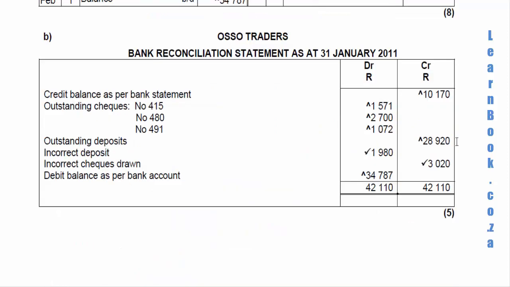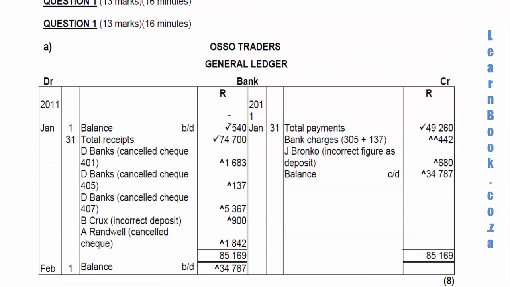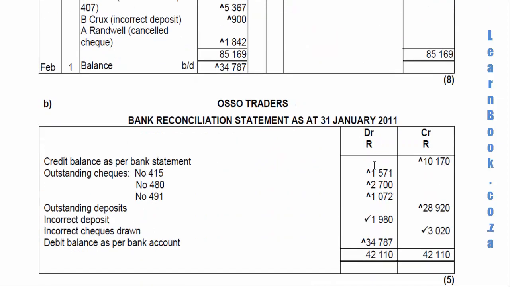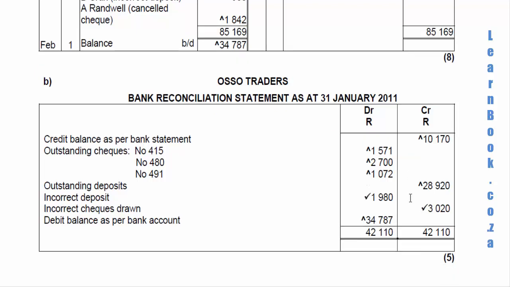The bank reconciliation statement, as we know, increases on the credit side and decreases on the debit side. It's the opposite way to the bank ledger account, where it increases on the debit side and decreases on the credit side. However, the bank reconciliation statement is the other way around.